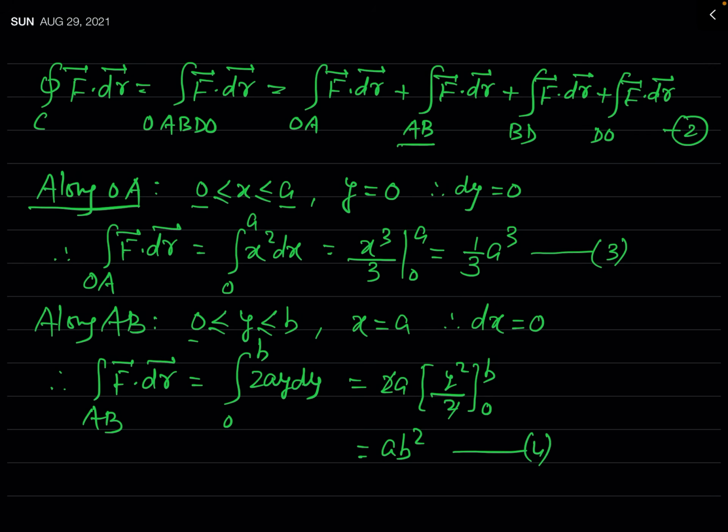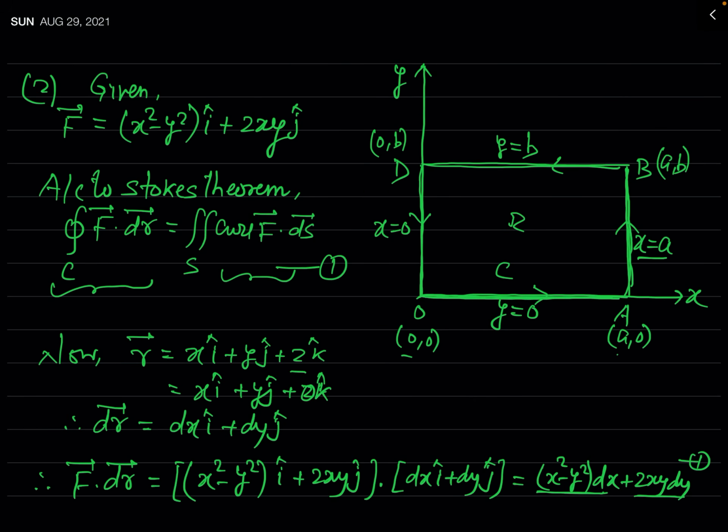Now we will evaluate the third integral, that is the integral of f dot dr along BD. So you can see what will happen along BD. See the figure.